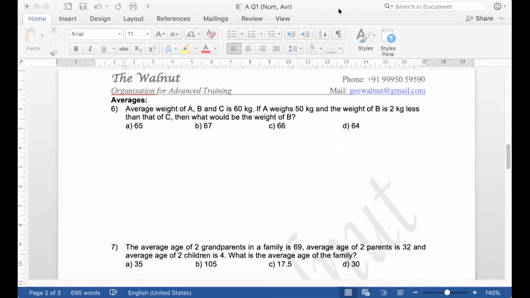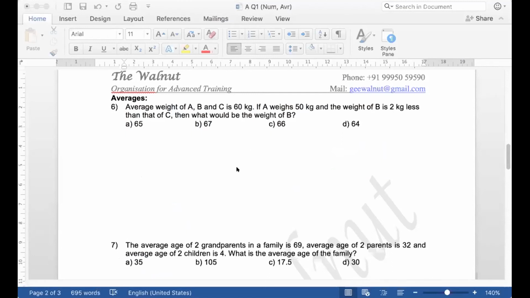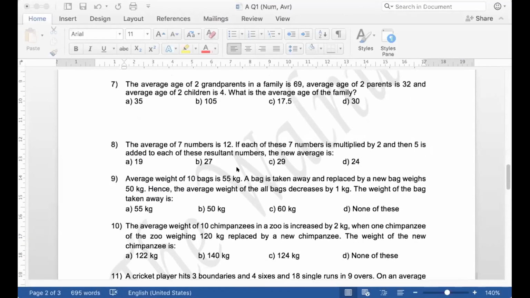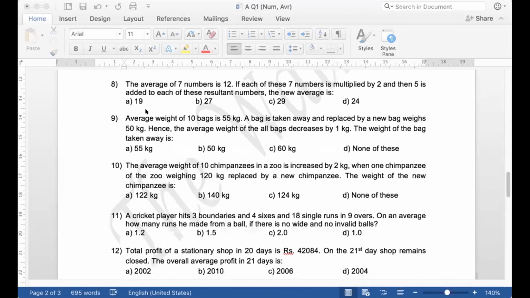Let's go for the next one. The average of 7 numbers is 12. Question number 8.